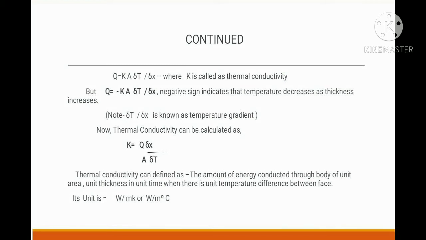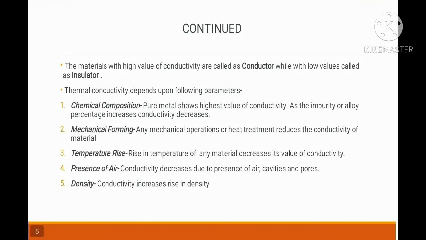One point to be remembered is that a material with a high value of K, or high thermal conductivity, is called a good conductor, while a material with a low value of K is called an insulator. Student, I hope you understood the concept of thermal conductivity of a material.